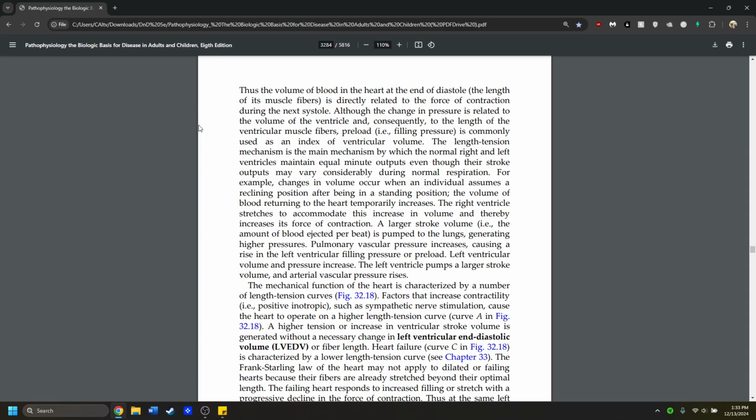The right ventricle stretches to accommodate this increase in volume and thereby increases its force of contraction. A larger stroke volume is pumped to the lungs, generating higher pressures. Pulmonary vascular pressure increases, causing a rise in the left ventricular filling pressure, or preload. Left ventricular volume and pressure increases. The left ventricle pumps at a larger stroke volume, and arterial vascular pressure rises.